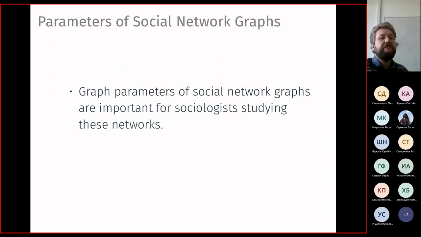We're going to talk a bit about graph parameters today. By graph parameters, we mean global characteristics of a graph which can be computed from this graph. For example, the number of vertices and the number of edges.